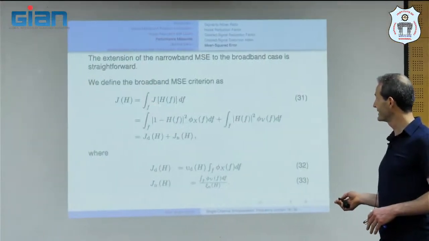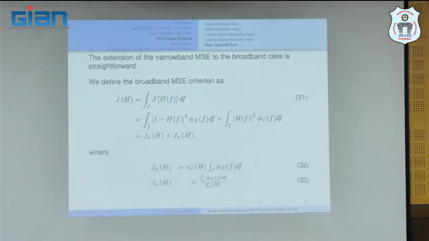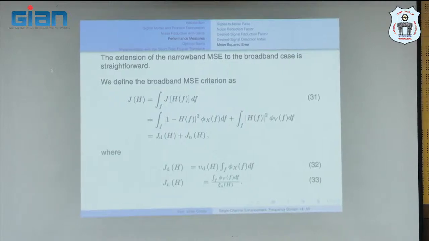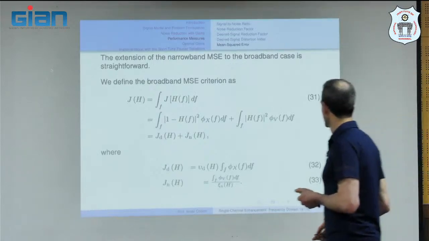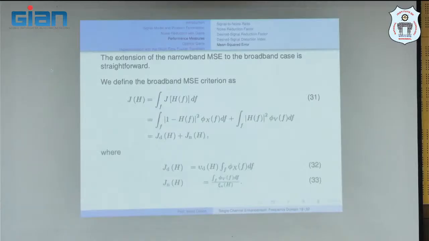So if we minimize each one individually, and of course each term of the MSE is a positive number, if we minimize this integral, we minimize the total integral. Okay, obviously. And also the broadband MSE is a summation of 2 components, one associated with the distortion, and one associated with the residual noise.